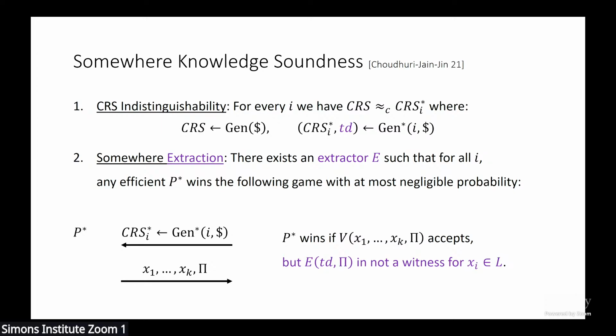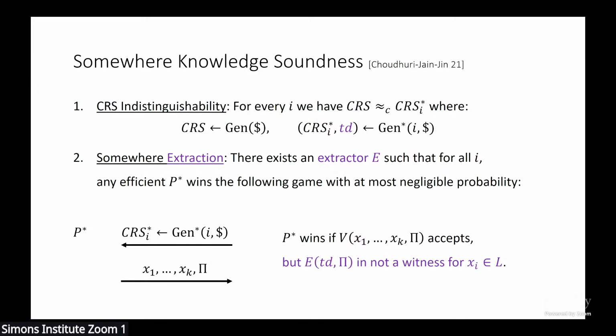And now we have somewhere extraction. There exists some extractor E such that if there is any cheating prover that plays exactly the same game as before, not only is the i-th statement guaranteed to be true, we can actually extract a witness for the i-th statement. We give the extractor the trapdoor and the proof, and it will extract for us some witness for the statement xi.